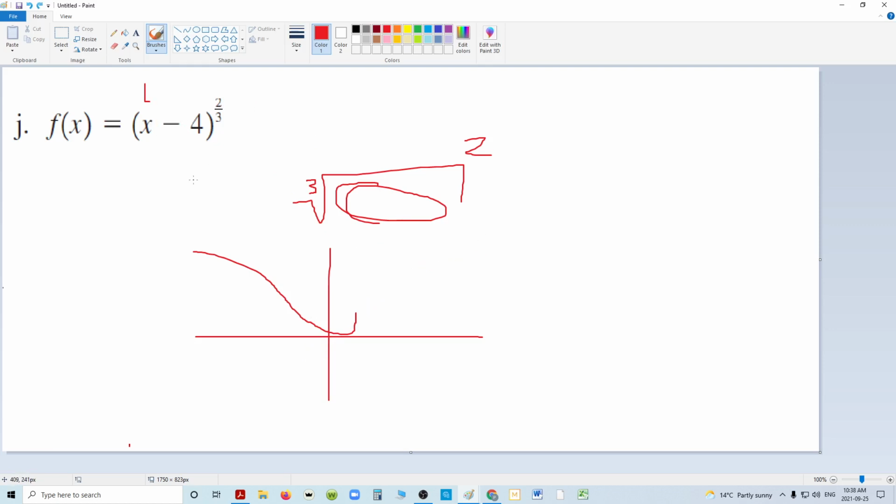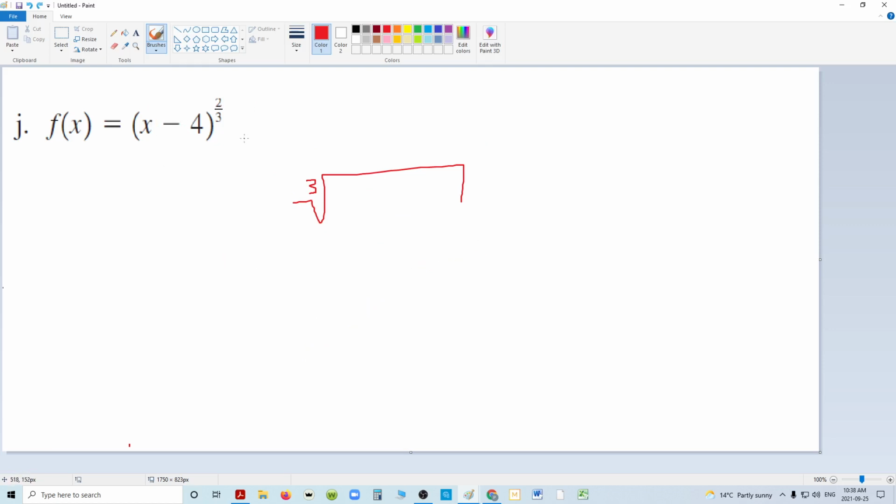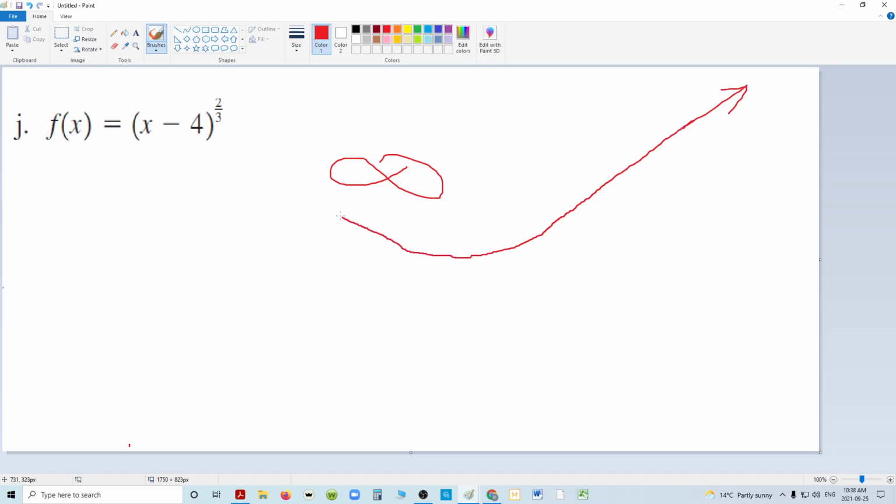What happens, and this is always a good thing to measure, when x is positive infinity? Well, I get positive infinity, cube rooted, and then squared, it's going to be positive infinity. So that means it's going to go something like that. What about when I take negative infinity? Negative infinity, when I cube root it, is going to be negative, but then when I square it, it's going to be positive. So it's going to go like that.